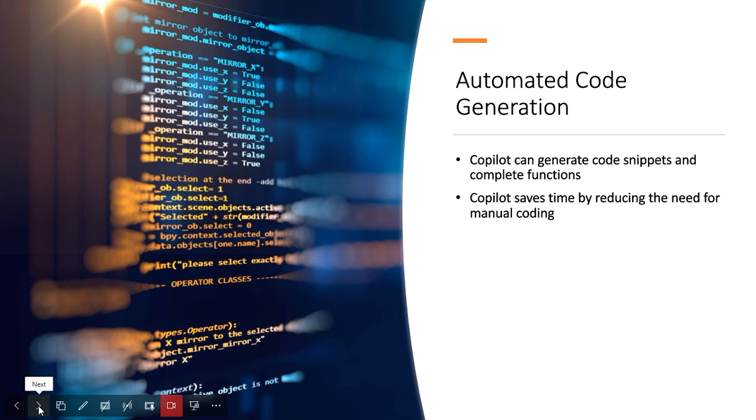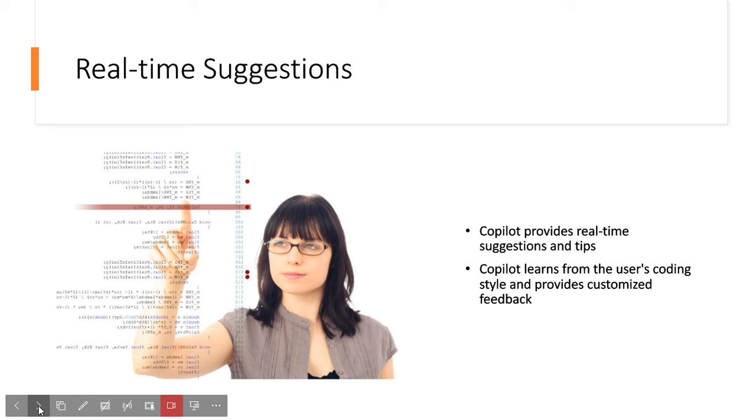So just moving on to the next slide, Real-time Suggestions. Copilot provides real-time suggestions and tips to help developers write better code. The tool learns from the user's coding style and provides customized feedback, allowing the user to improve their coding skills over time.